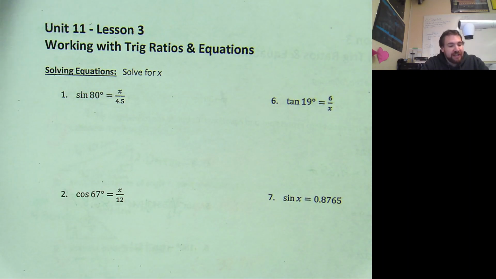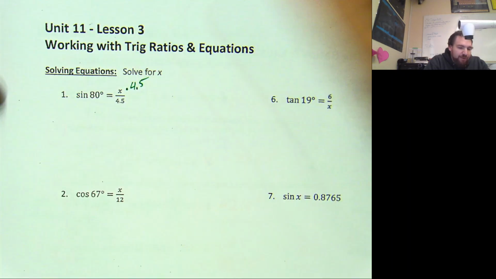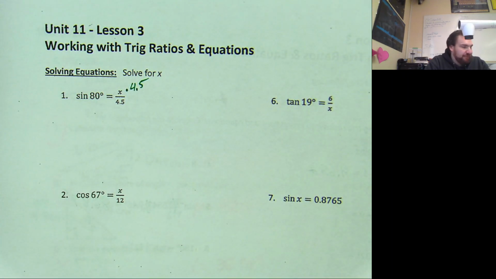So for a question like number 1, how would I solve that for x? First figure out what sine 80 is. We don't have to do that first. To isolate for x, all that we really have to do is multiply by 4.5. In fact, if we find out what sine 80 is first, we're probably going to have rounding errors.